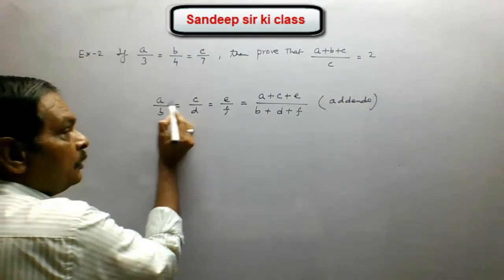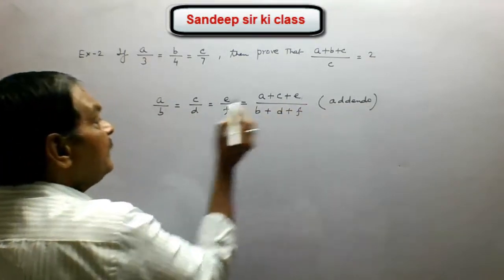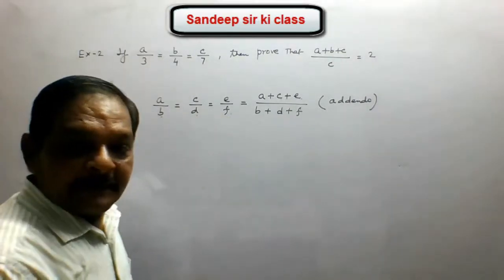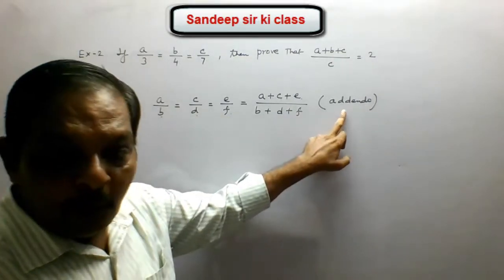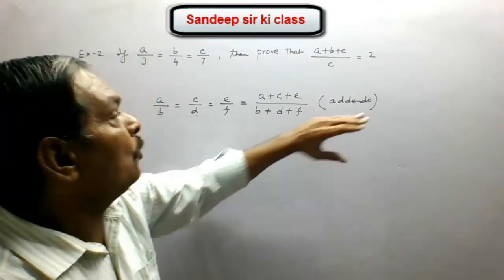Means the numerators A, C, E are added, the denominators B, D, F are added. We have seen it in our basic concepts video.